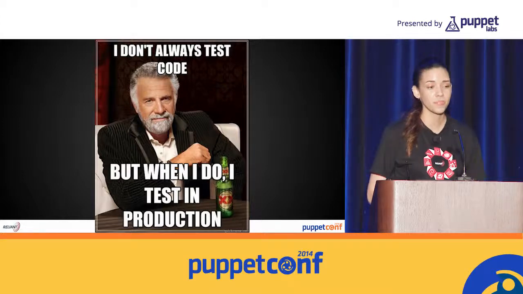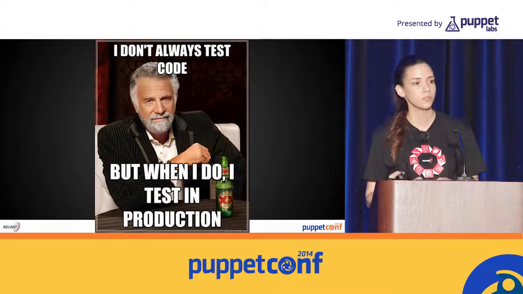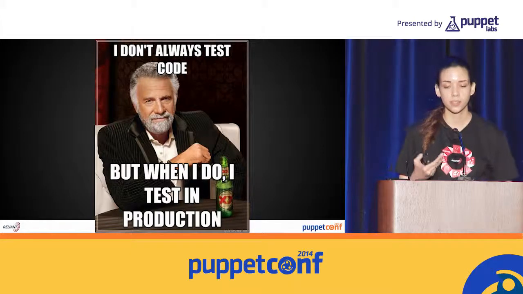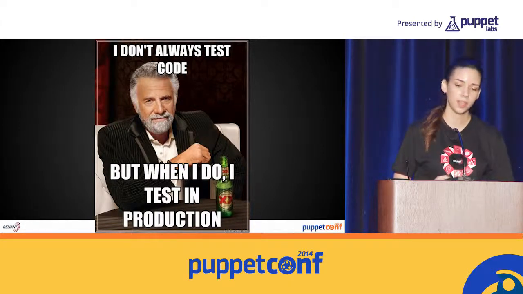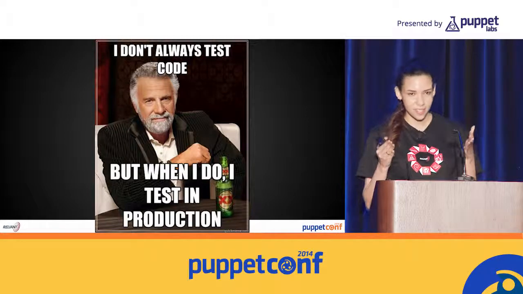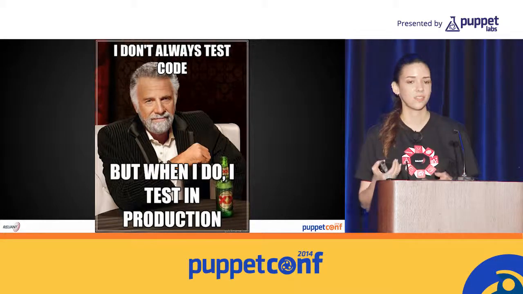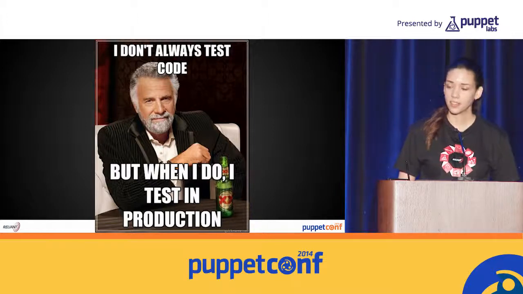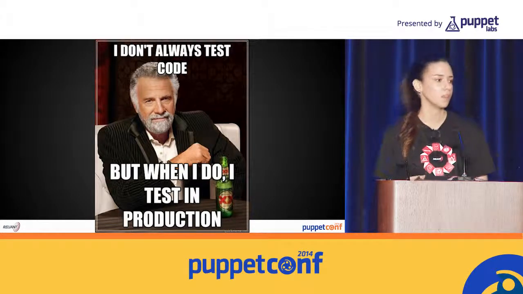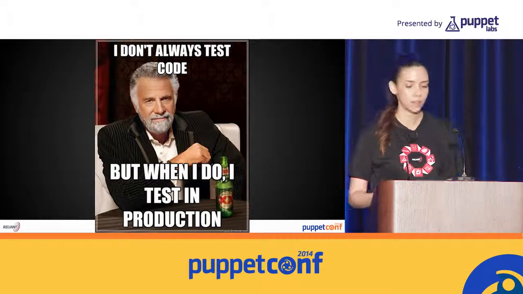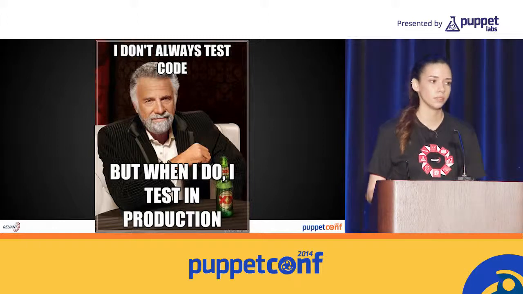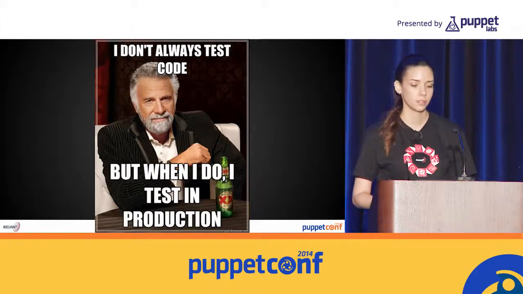Because most of the time, it's hard to translate into code, into RSpec tests, for example, what you see as a result from the Puppet run, and that you can actually see that it worked the way you wanted. So you can see that every resource was created, every file was updated with the correct data, and that every service was started or halted or anything that changed.